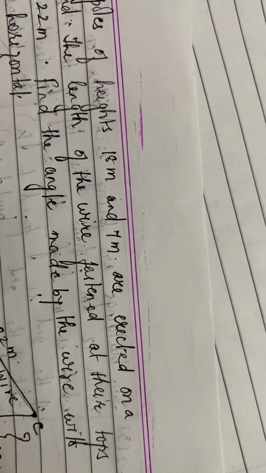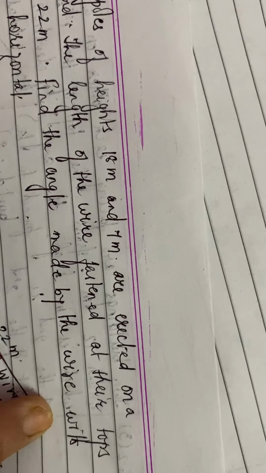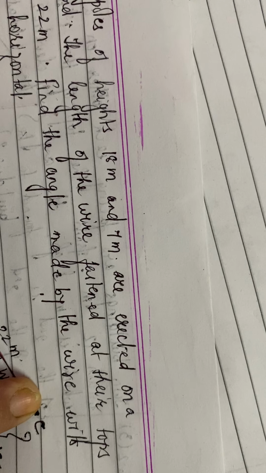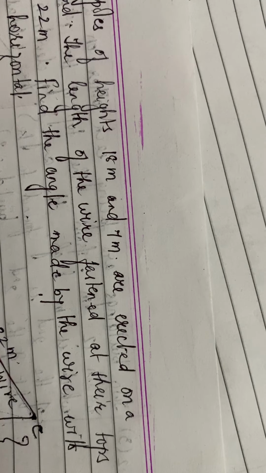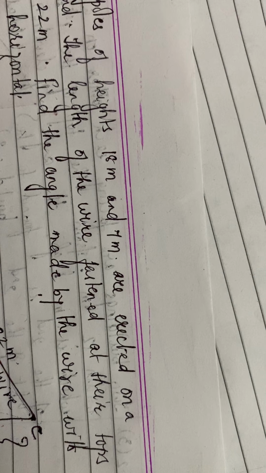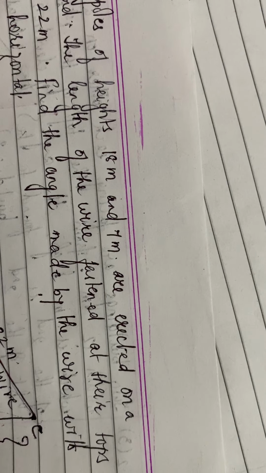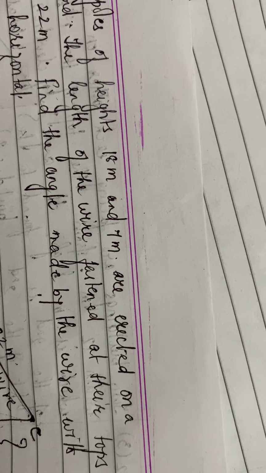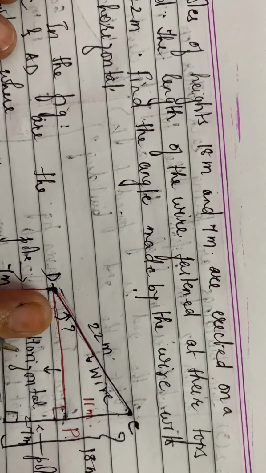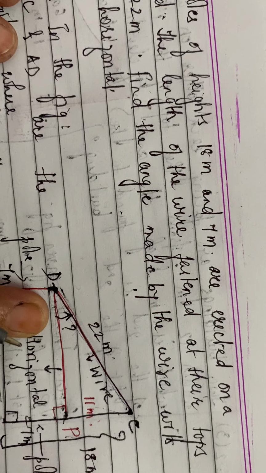Look here now in the figure. This PC is half of the hypotenuse. So if it is half of the hypotenuse, that means this angle CDP or PDC is equal to how much? That will be 30 degree by converse of 30, 60, 90 theorem.